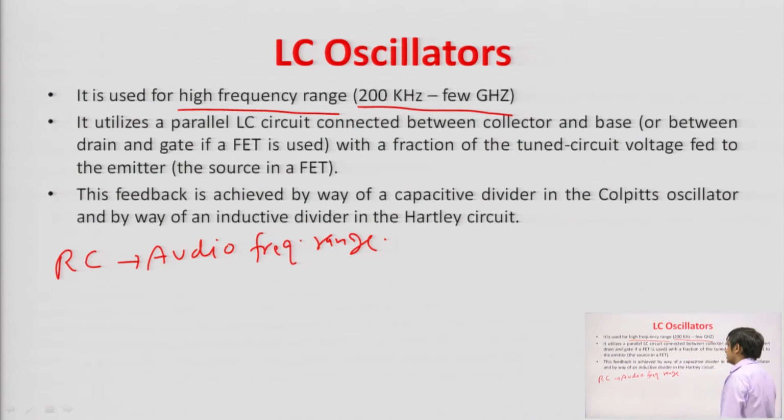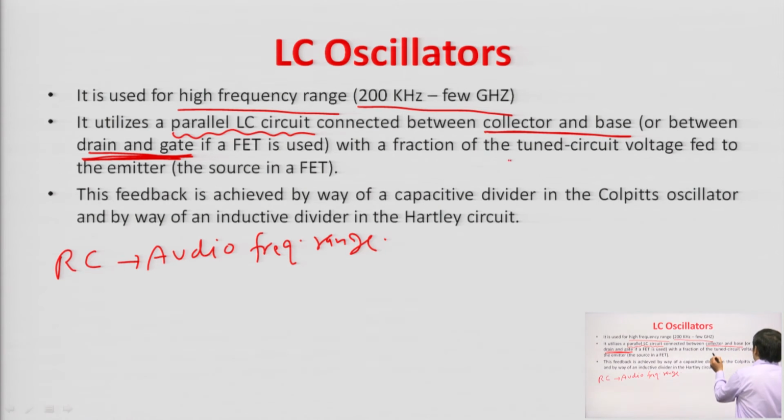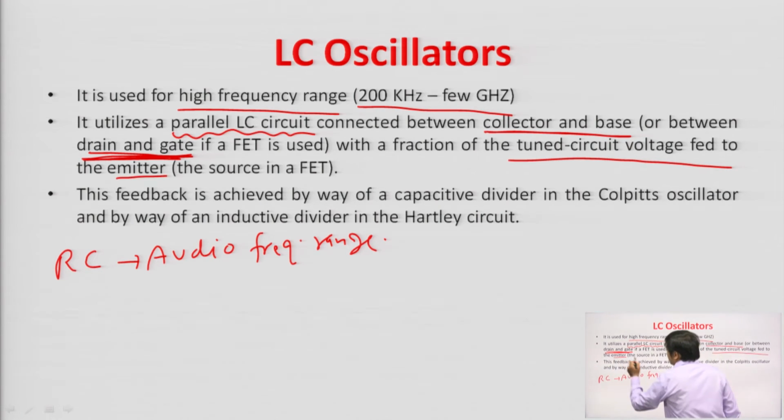Basically, the LC oscillator utilizes the parallel LC circuit that I have discussed, and that parallel LC circuit is connected between collector and base if we are using a BJT, and between drain and gate if we are using a MOSFET. We can use a BJT or MOSFET, any active element for amplification, with a fraction of the tuned circuit voltage fed to the emitter. We will understand it with the help of the circuit, fine.